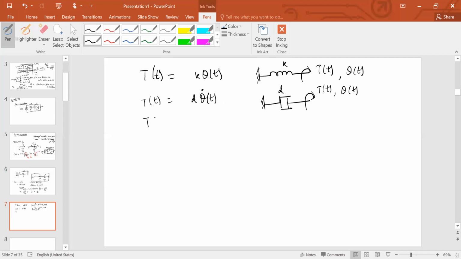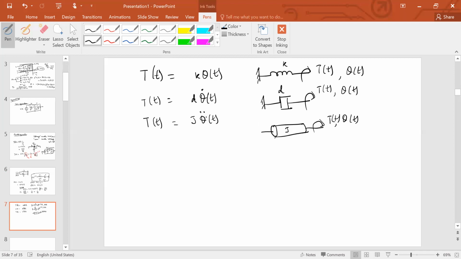And then, of course, instead of a mass, we have now a moment of inertia for a body, which is J. So this is some rotational body on a shaft, possibly, where a torque is applied, resulting in a rotation. This will be given by, as you all know, J theta double dot.